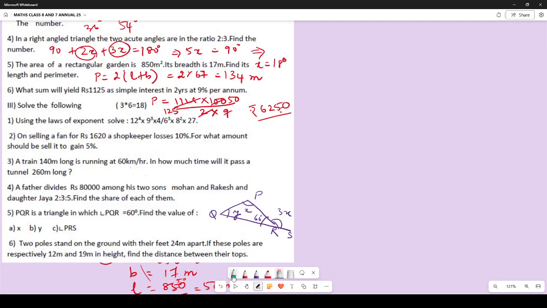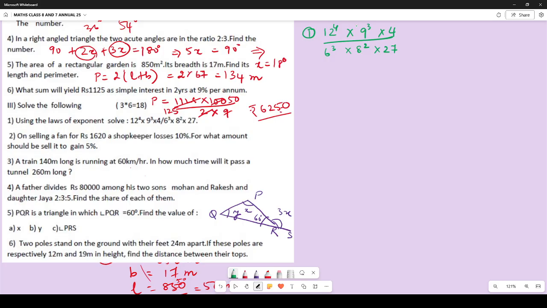Okay. So we are taking up question number 1 over here. 12 to the power 4 into 9 to the power 3 into 4 by 6 to the power 3 into 8 to the power 2 into 27.